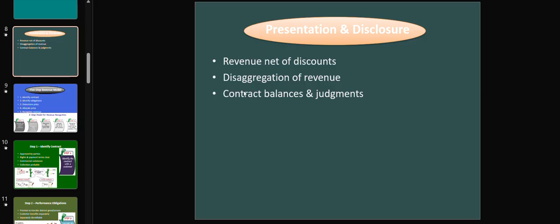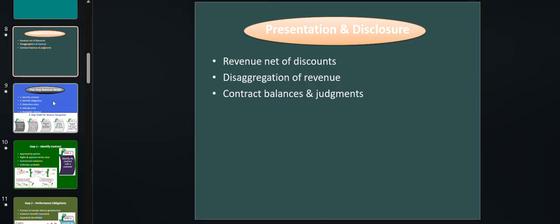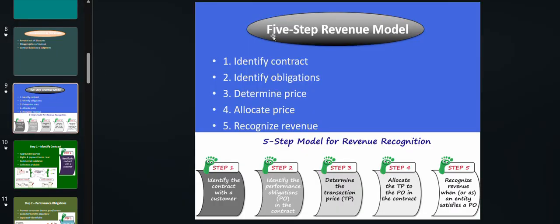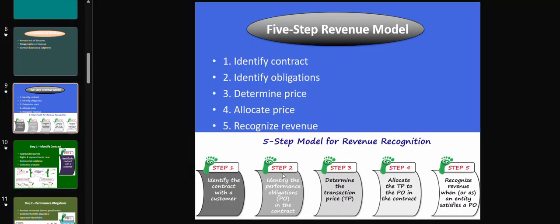Next, we have the five-step revenue model. We will try to understand this. To make sure everyone applies this logic correctly, IFRS 15 gives us a roadmap. It's called the five-step model. We have to follow these steps in order. Firstly, identify the contract with a customer.